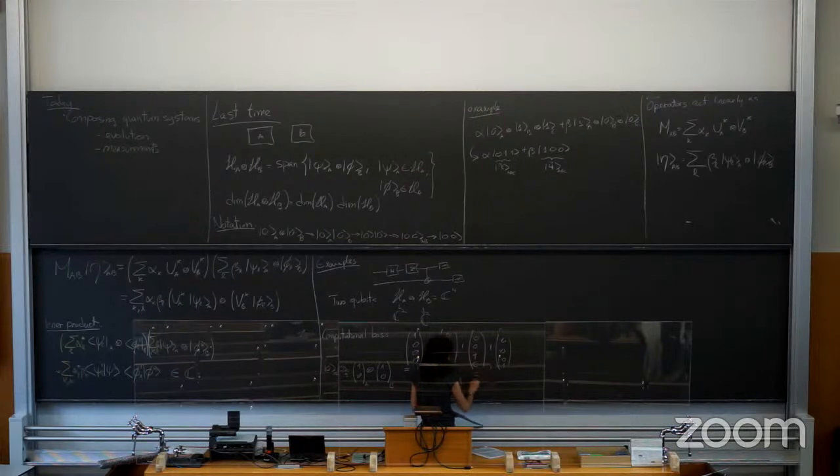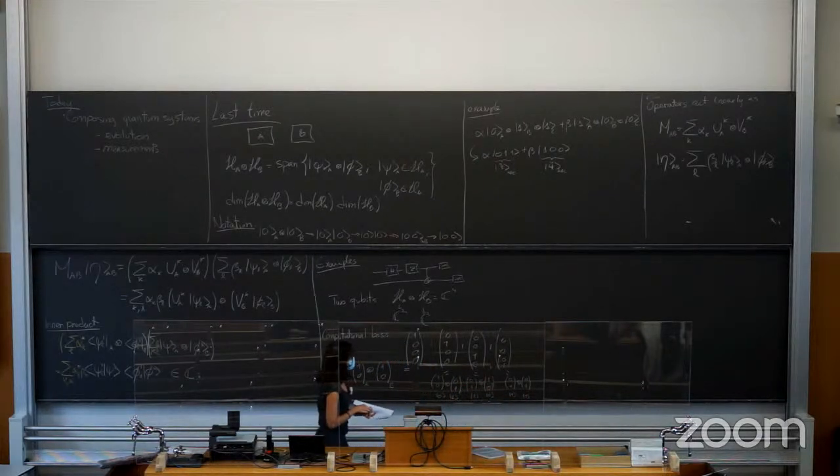This one is (0, 1) tensor (1, 0), so that's 1, 0. And finally, this is (0, 1) tensor (0, 1), and that's 1, 1.